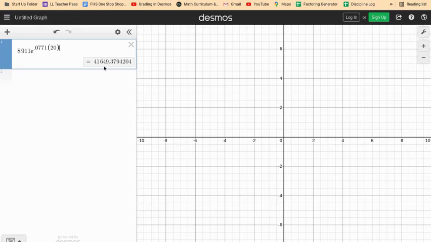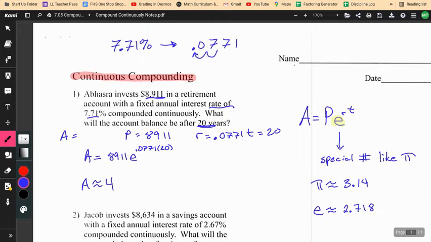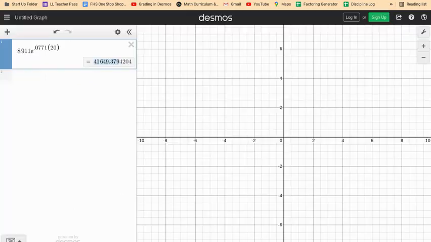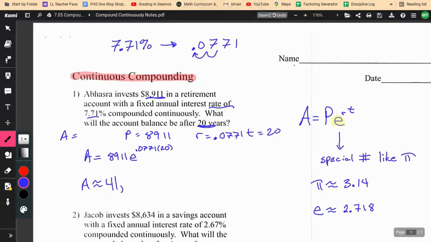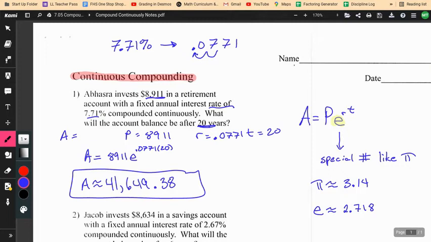And so it gives me my answer, $41,649.38. We're going to go ahead and round to 38 cents. So that's our estimated value after 20 years.